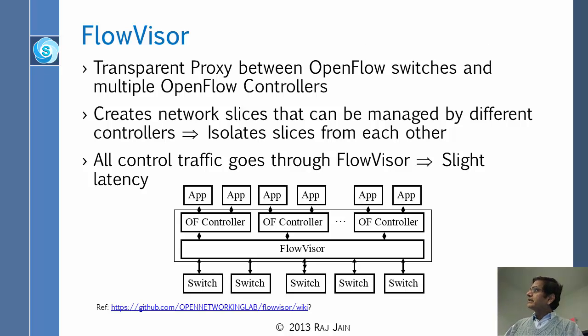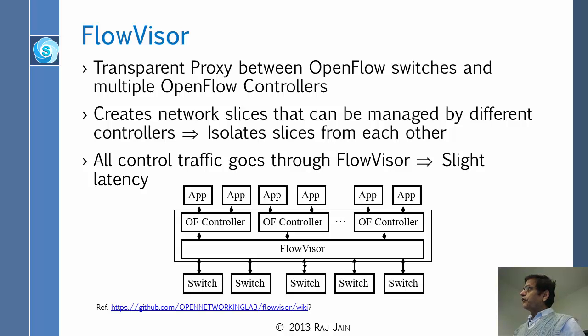FlowVisor fits directly below the controllers. You could have many controllers running, and there could be different controllers. Technically, let me put it theoretically at least, you could have different controllers, although I would have difficulty really verifying that. But anyway, let's say you have many different tenants, and each of them has a controller.